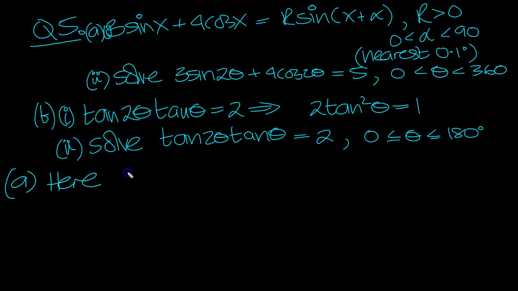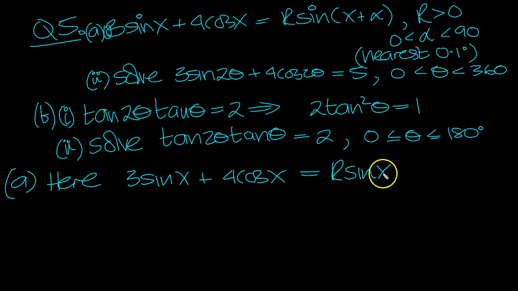So 3 sine x plus 4 cos x is equal to R sine x cos alpha plus R cosine x sine alpha, in other words.